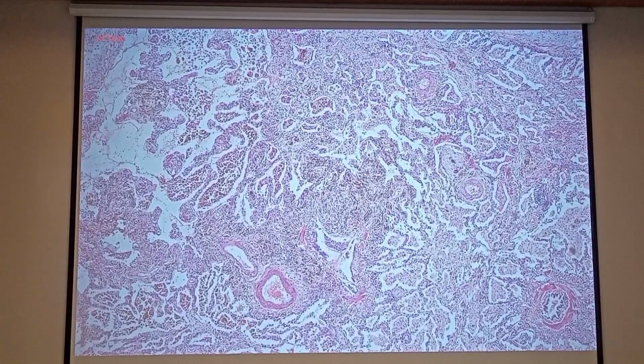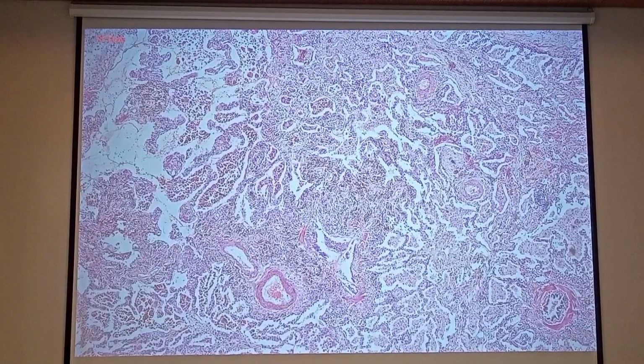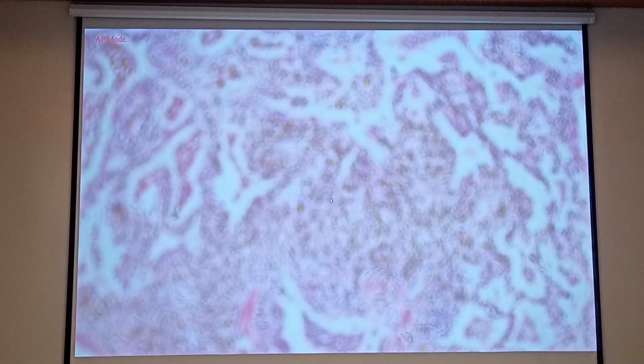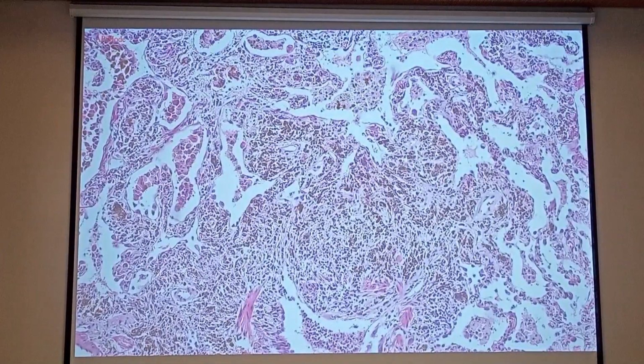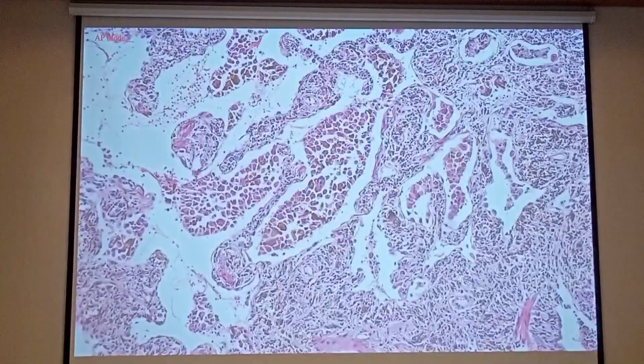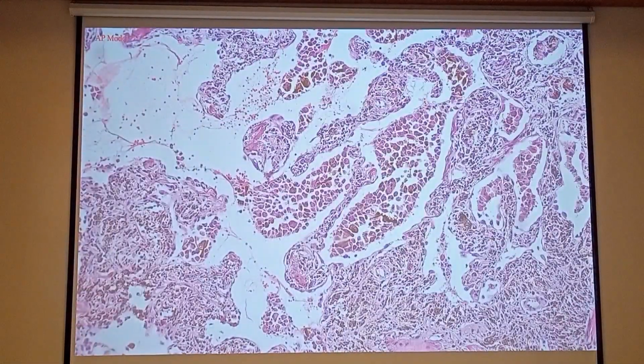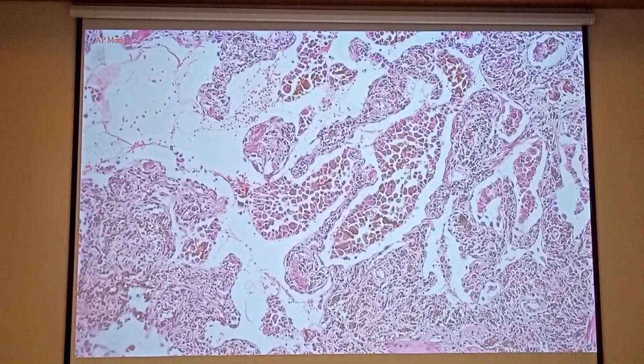Anyway, you can see the tissue destruction is there, fibrosis is there, and those cells, these are your activated macrophages, which actually phagocytose the pigment. As you can see there, in fact, you can see them with abnormal configuration.